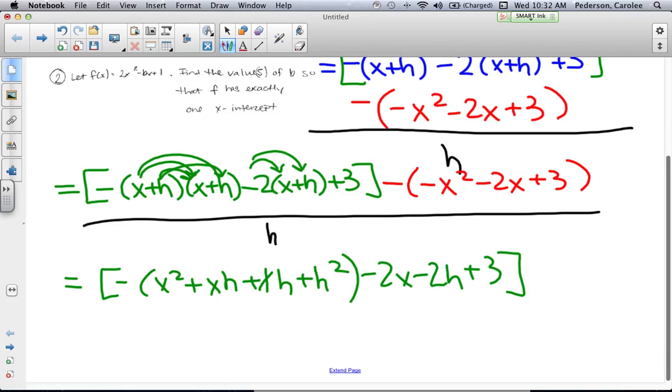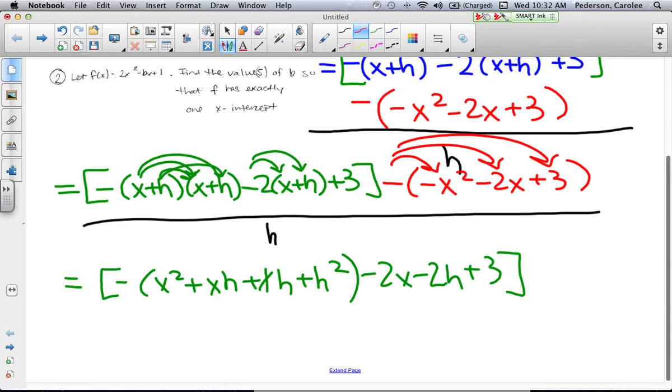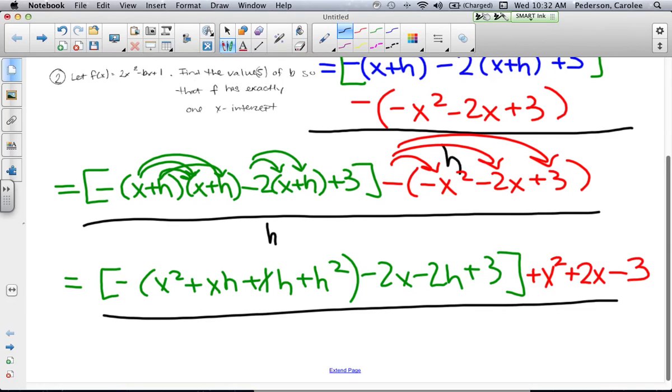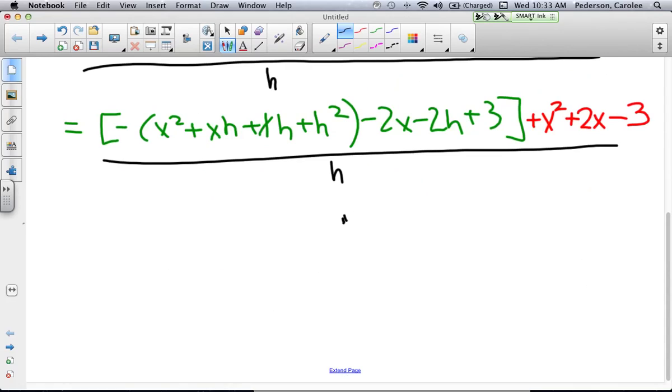Now with this red, I'm going to distribute the negative through. So we get a positive x squared, a positive 2x, and then a negative 3. And then all over that same h. Now I'm going to clean up the green some more. So I'm going to distribute this negative through. These combine to 2xh.